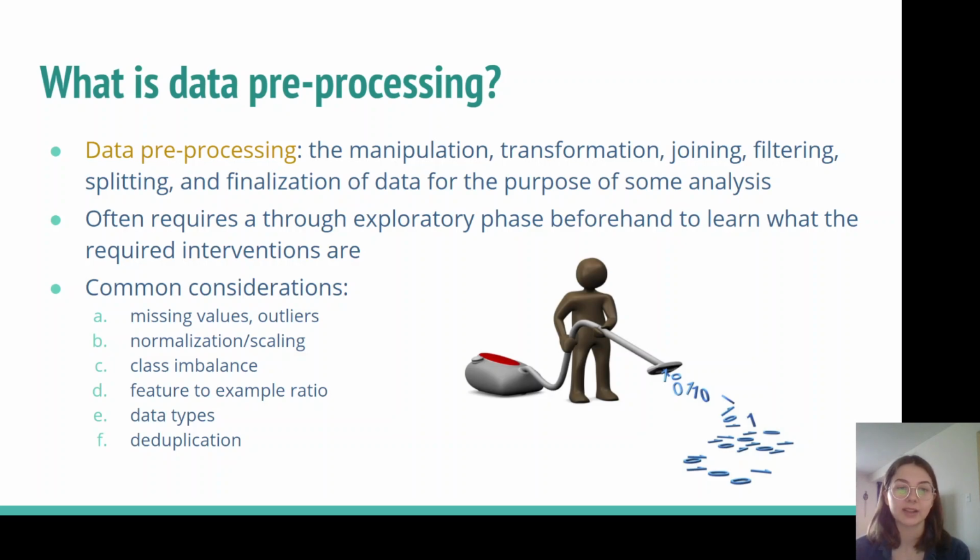Some common considerations during this exploratory phase: you should be looking at missing values, and potentially outliers as well. Those are less common. Missing values are very common. Normalization and scaling, to make sure your models have the best chance at learning a robust representation and don't need as much training.